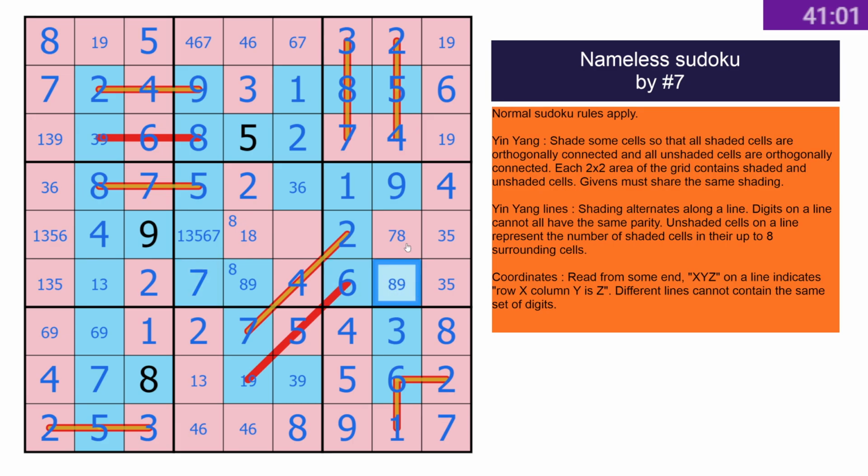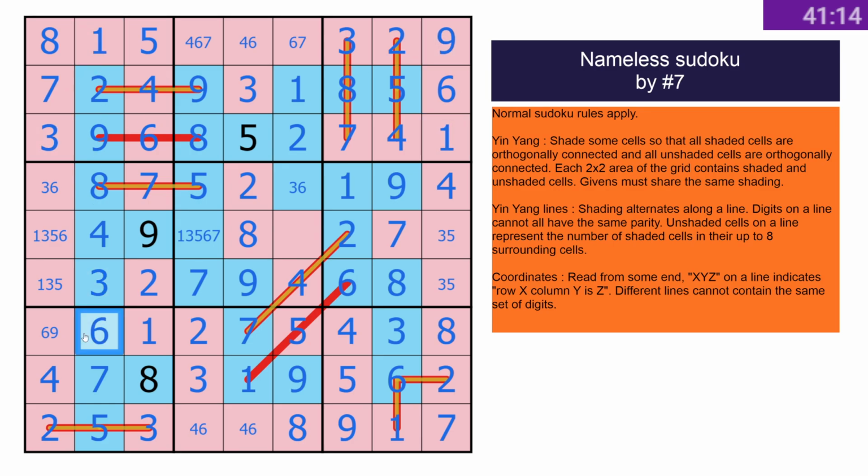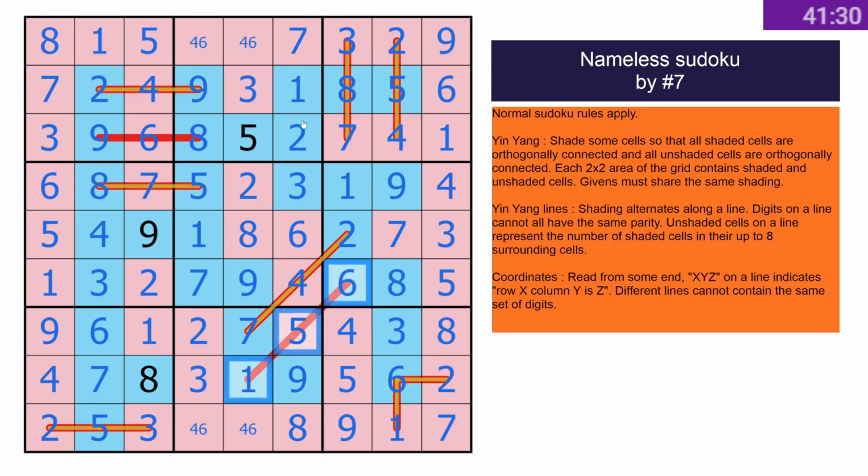That's a 7 apparently. 8, 7, 9, 8. 1, 3, 9. So that's got to be a 9. That can't be a 3. 2, 1, 9, 3, 1, 3, 6, 9. 6s, 3s, 3s, 7s, 5s. 5, 1, 5, 3. And then 1, 6, 7. And finally, this tells you the 6s go that way around.